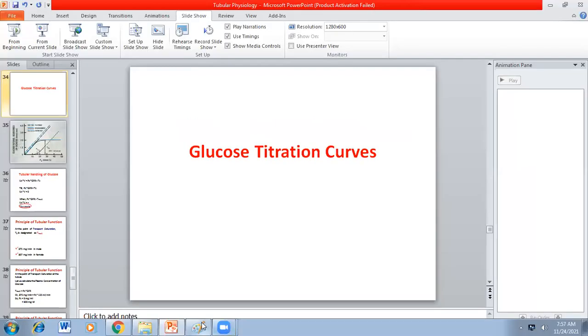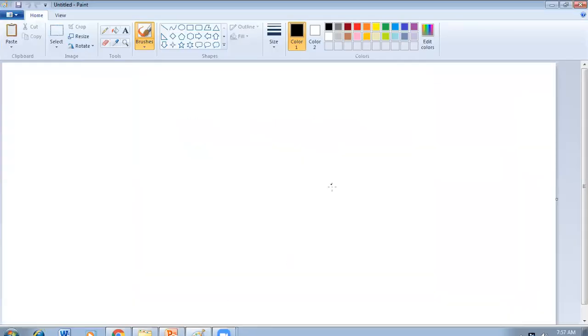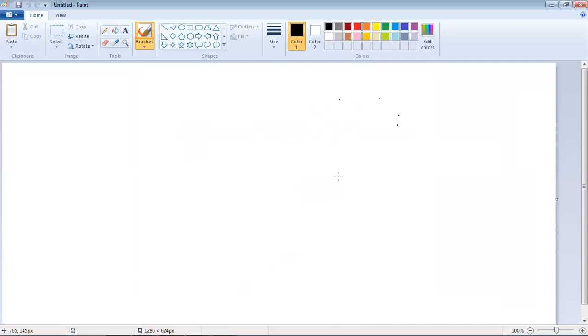I will use a paint platform to draw with my actual hand all these glucose titration curves. So let us draw this glucose titration curve.